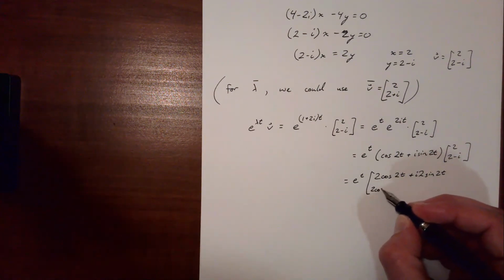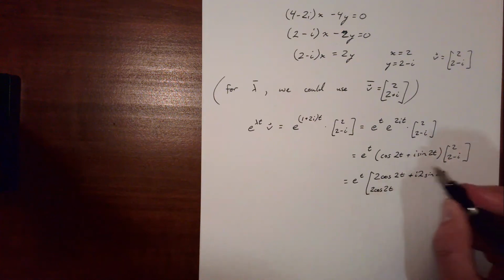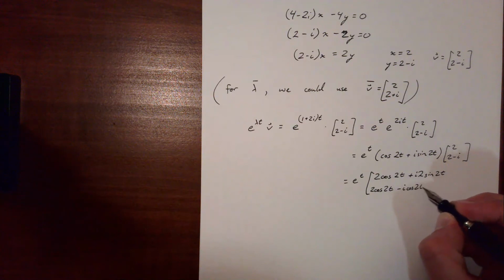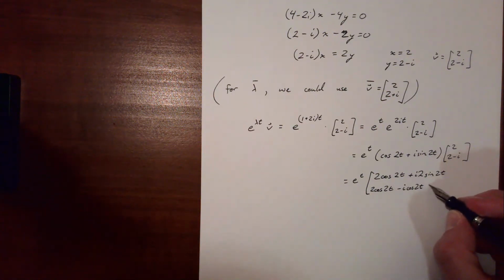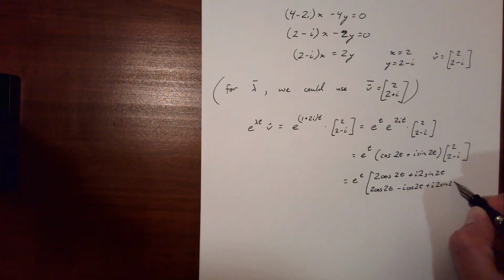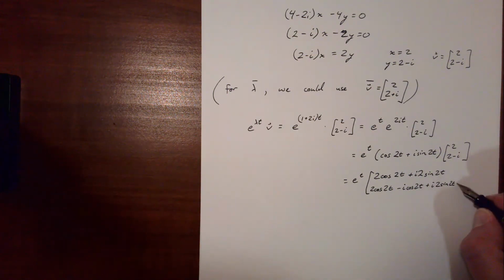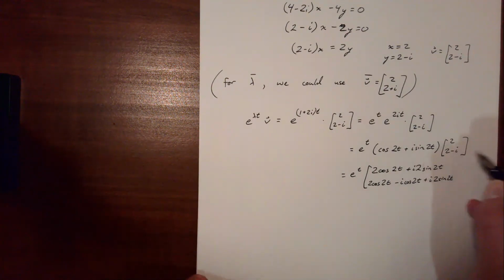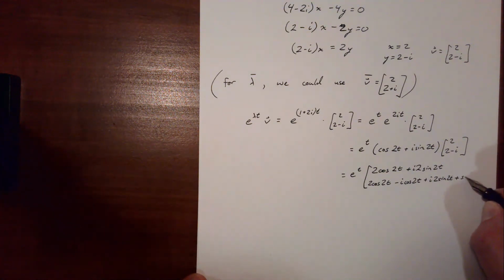So 2 cosine 2t minus i cosine 2t plus i times 2 sine 2t, and then i times i is negative 1. This is going to be plus sine 2t.